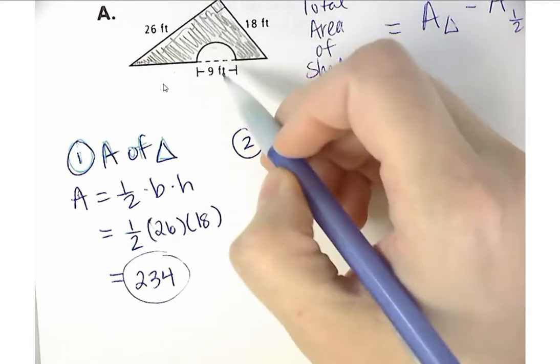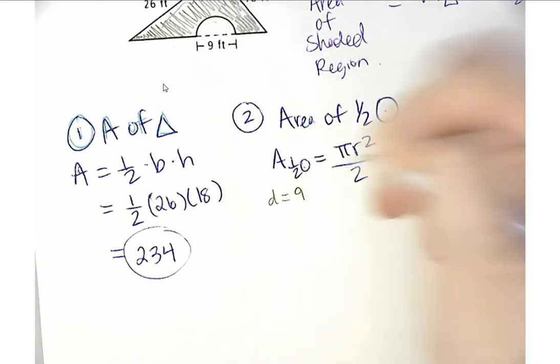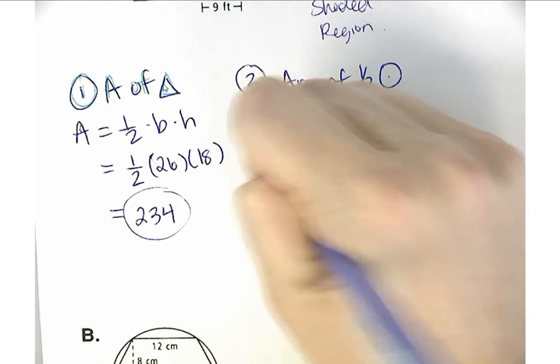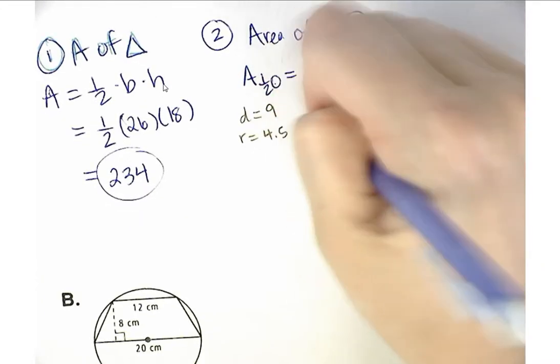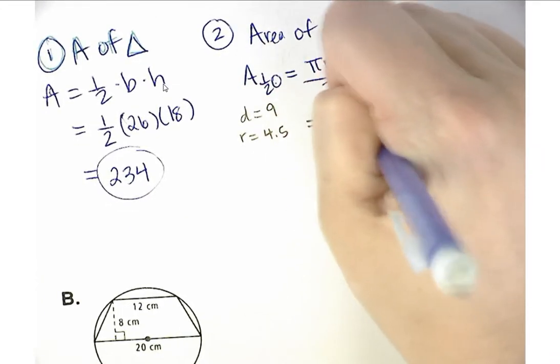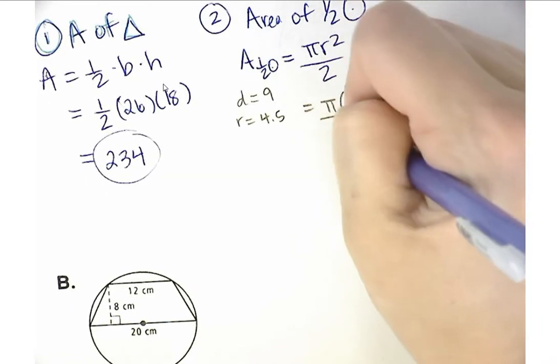So if they give you the diameter is 9, okay, then your radius is going to be half of that, which is your 4.5. Okay, so then we are going to do pi times 4.5 squared. And then we're going to divide that whole thing by 2.